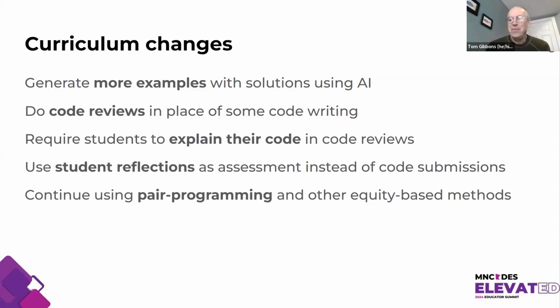Students are, of course, creative, so if they can use AI to generate the code, they can use AI to generate the reflections on the code. So that's one thing we talk about with students, is where we want them to use AI and where we don't, and why.